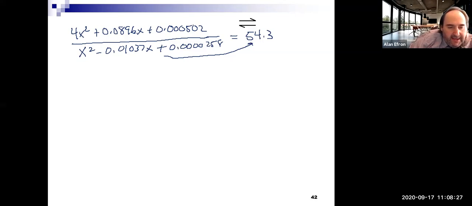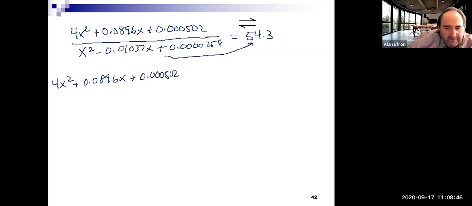And if I do that, on the left-hand side, we will be left with 4x squared plus 0.0896x plus 0.000502 equals 54.3x squared minus 54.3 times 0.01037x plus 54.3 times 0.000258.